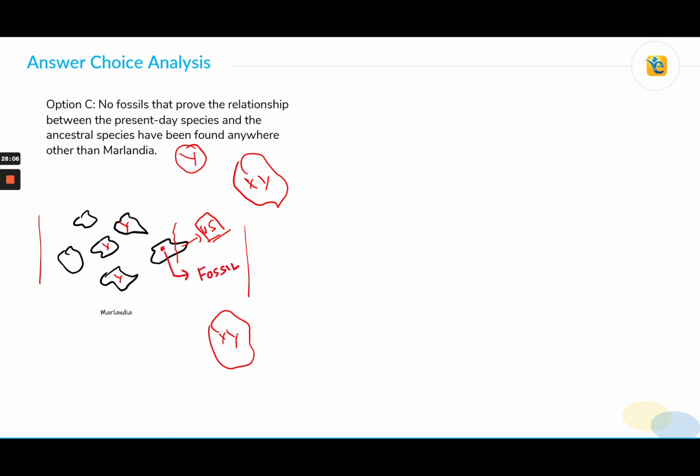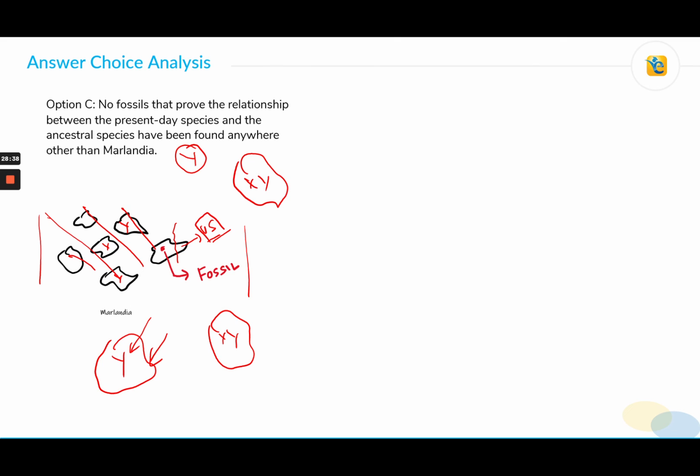This particular option also guards against the theory of migration. Fundamentally, if 25 million years ago, either by migration at this point or at an earlier point in time, Y also existed on some other piece of land, then Marlandia could have gotten completely submerged, but the species lived on that other landmass.